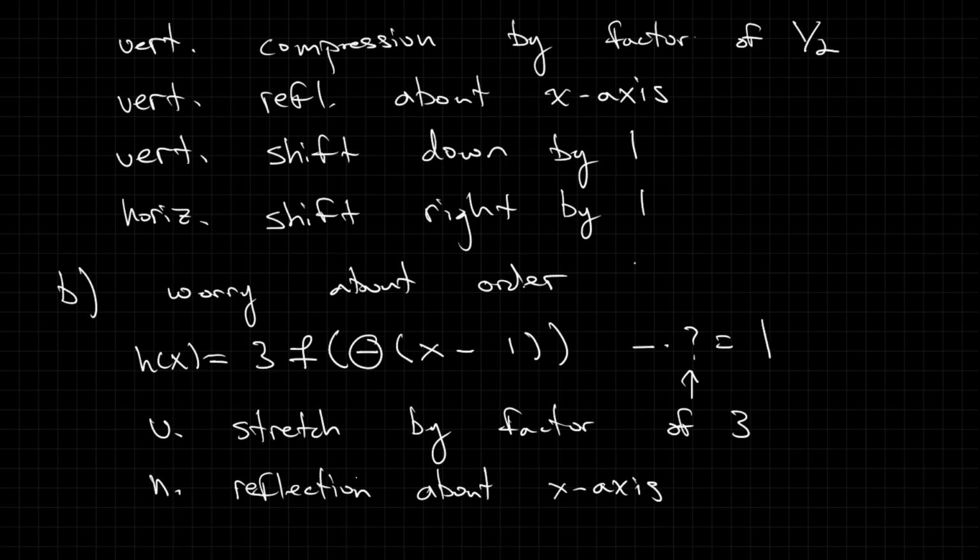Excuse me, if this is a horizontal reflection, then we're moving left and right. We can't reflect about the x-axis, we'd have to reflect about the y-axis. So this would be the y-axis. And then finally we have our shift, which is a horizontal shift to the right.